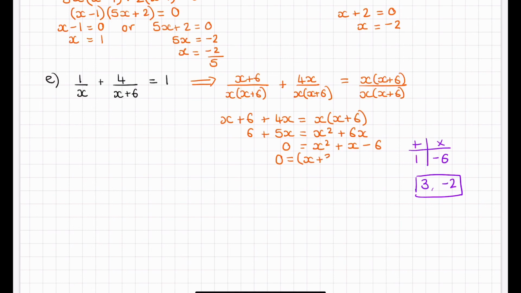So we'll have x plus 3 and x minus 2. Then we can apply our null factor law. So x plus 3 equals 0, or x minus 2 equals 0, and then x will equal -3, or x equals 2. And that is solving quadratics by factorisation.